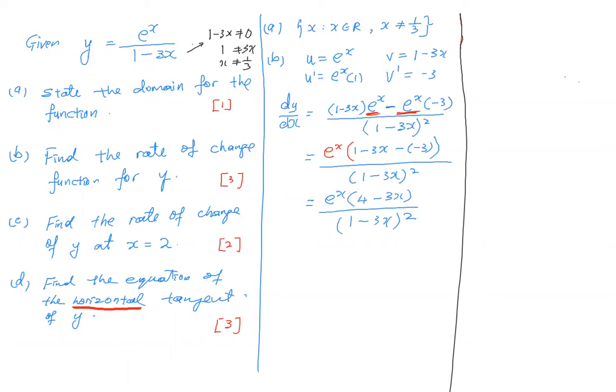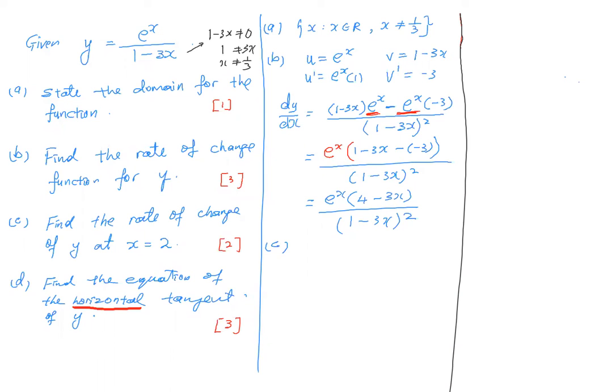Okay, so how to do part C? Find the rate of change of y at x equal to 2. How to do part C? Nicholas? Sub in x equals 2.